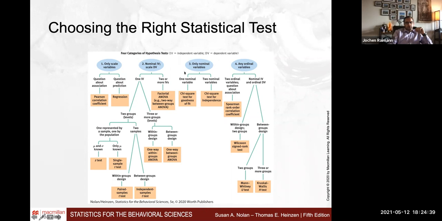And then we have the situation where we have only nominal variables. And lastly, the situation where we have only ordinal variables, which we did not discuss in this class, which is what traditionally is referred to as non-parametric tests for hypothesis testing.